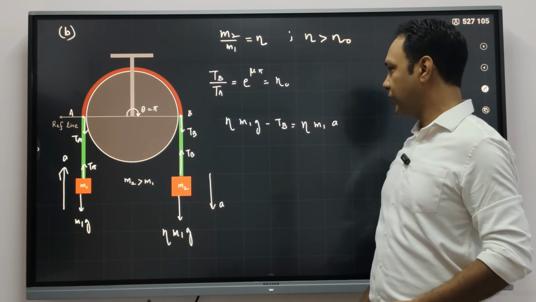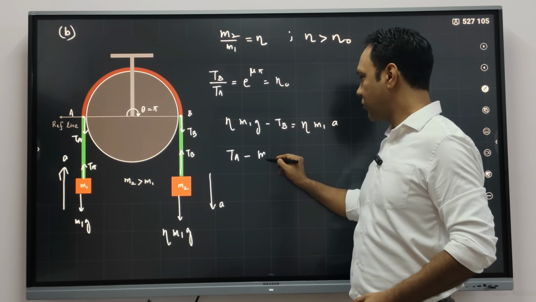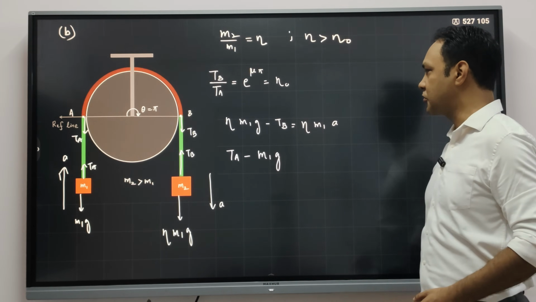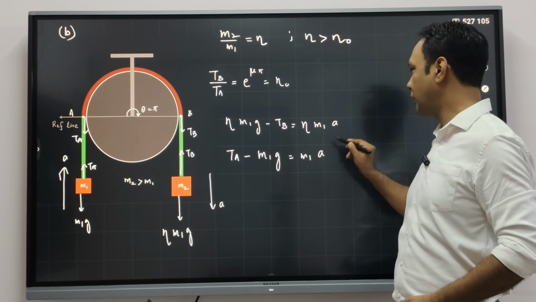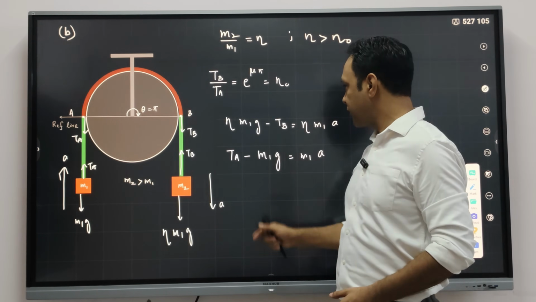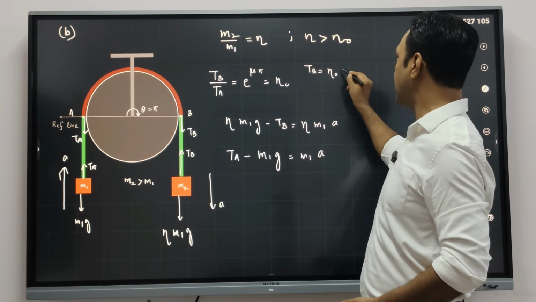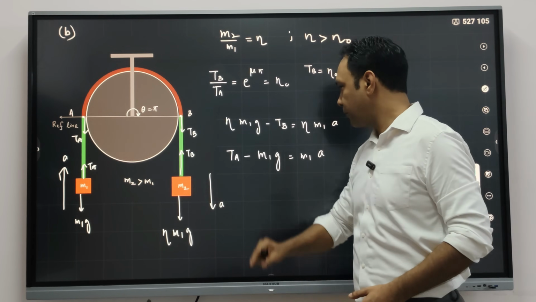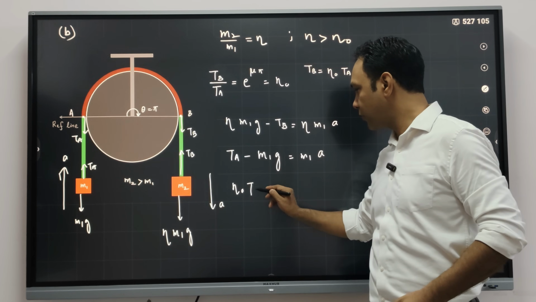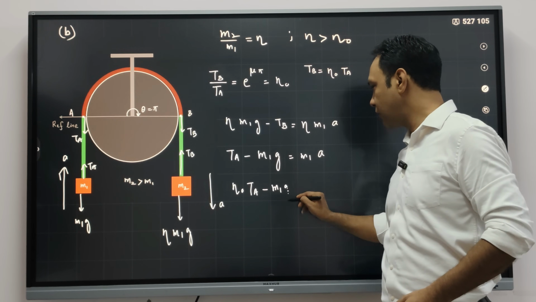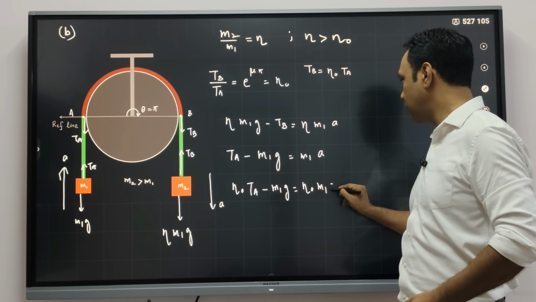Motion of this particle m1 is TA minus m1g is equal to m1 into a. TB is eta naught times TA. So let me multiply this equation by eta naught. So that is eta naught TA minus eta naught m1g is equal to eta naught m1a.